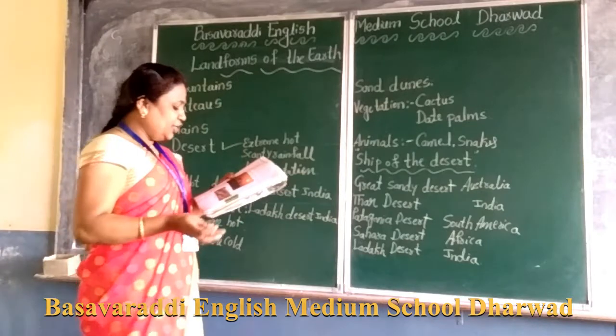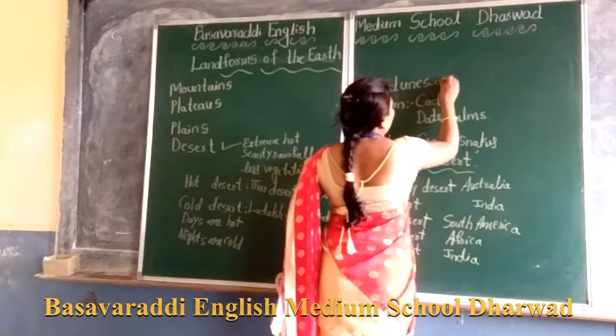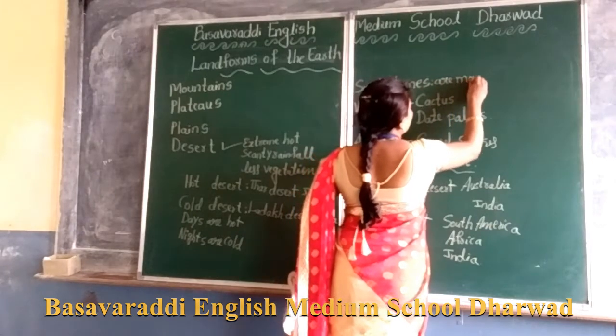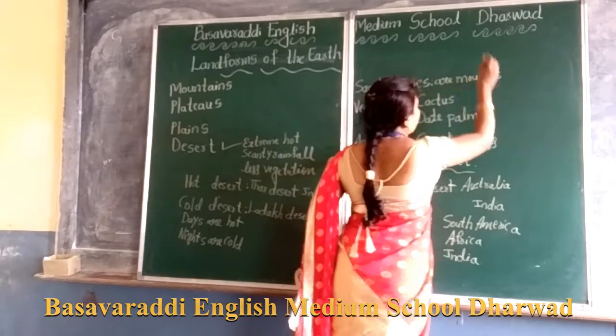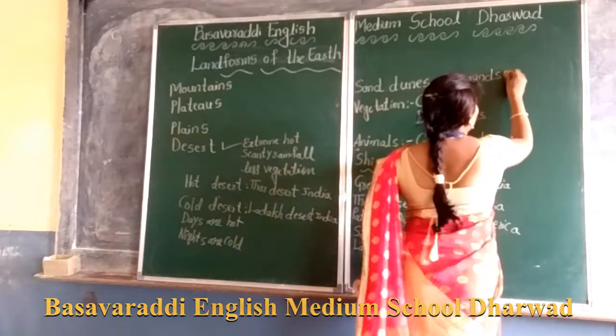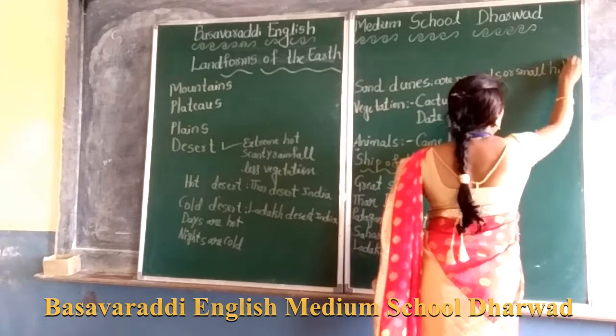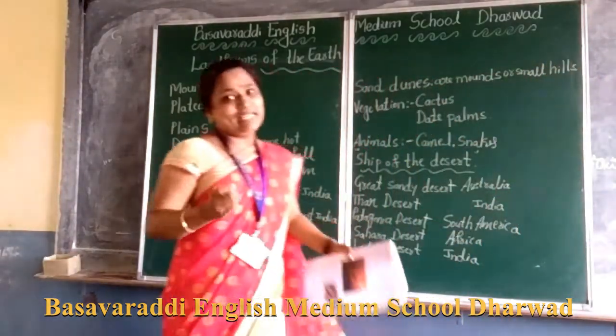See here. Sand dunes are mounds or small hills. Small sand hills.